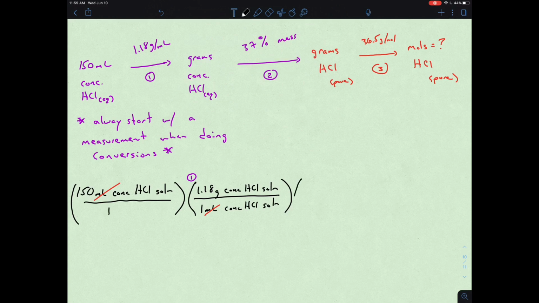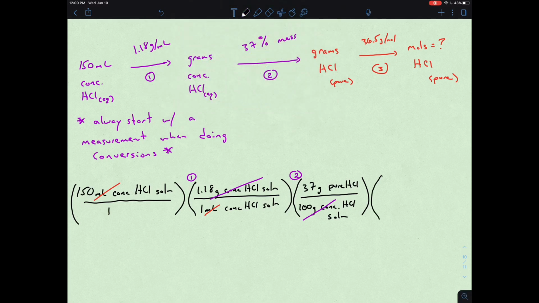We can then set up the mass percent by saying, well, for every 100 grams of concentrated HCl solution I have, there are 37 grams of pure HCl. So there is our second step, now getting out of mass of the concentrated solution and getting into mass of the pure HCl.